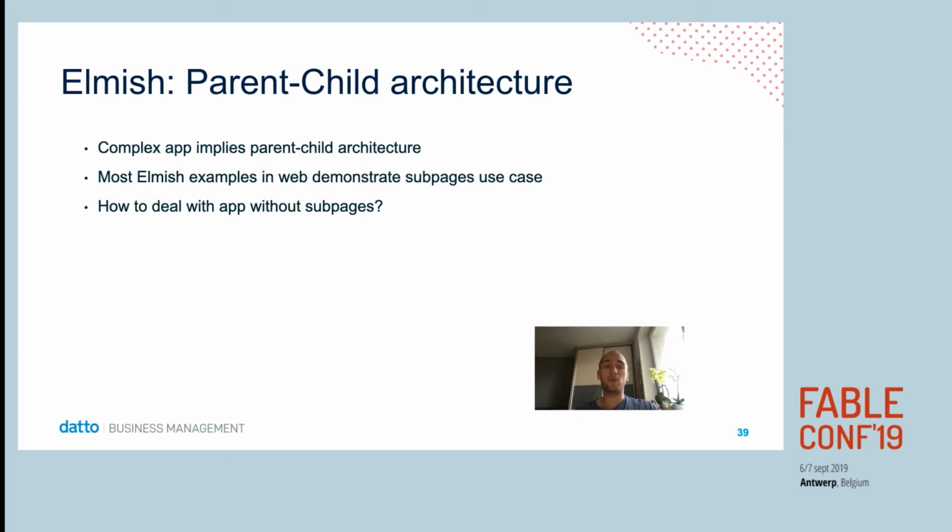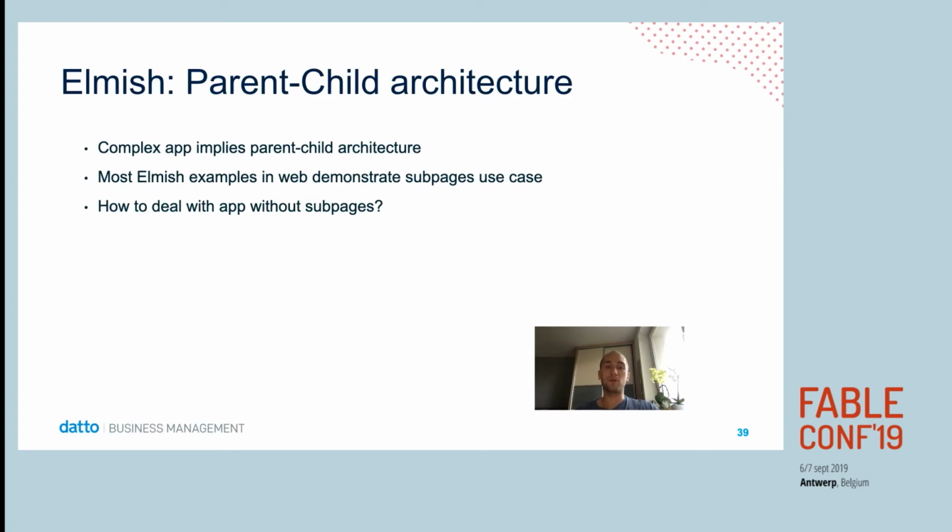But if you go to the examples on the web, most Elmish examples will demonstrate that parent-child architecture on the example of subpages. So basically, if you have a navigation or menu, and if you click certain options, you get navigated to a different subpage.